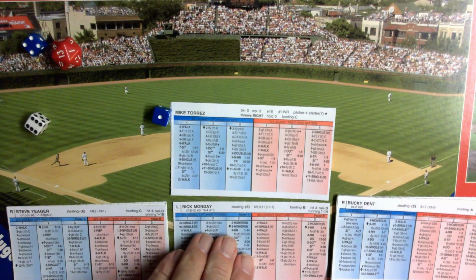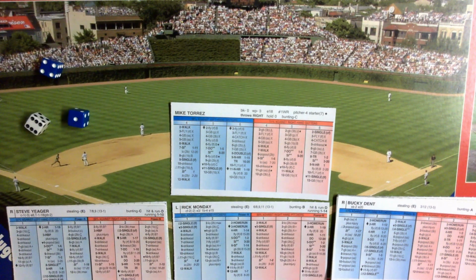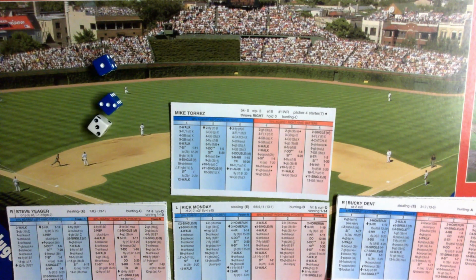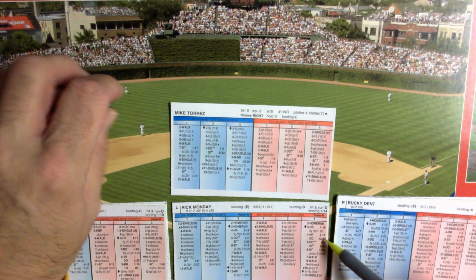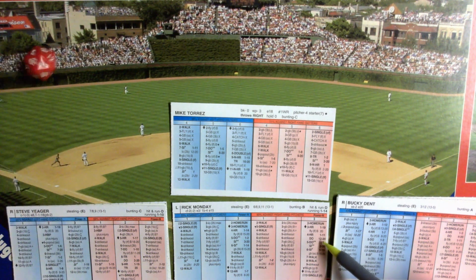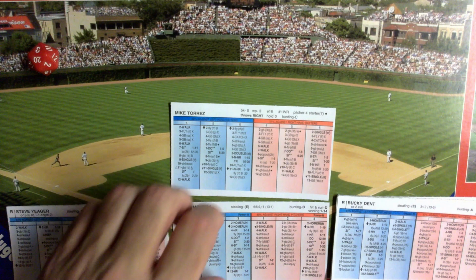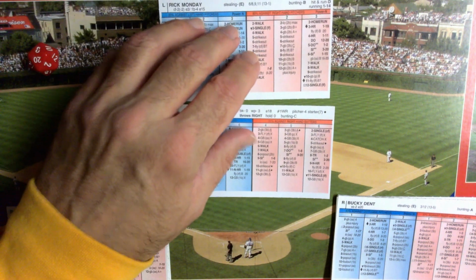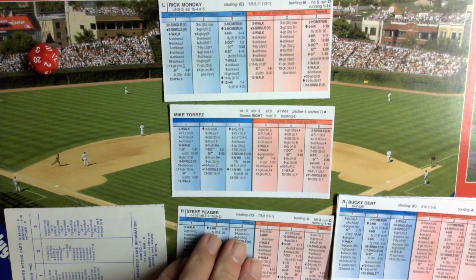Left-handed hitter Rick Monday is up next. Monday struck out in the first. 3 and a 4 against a right-handed pitcher. A 3 and a 4 home run, 1-11, and a double, 12-20. So that's a double. Yeager's at the plate.